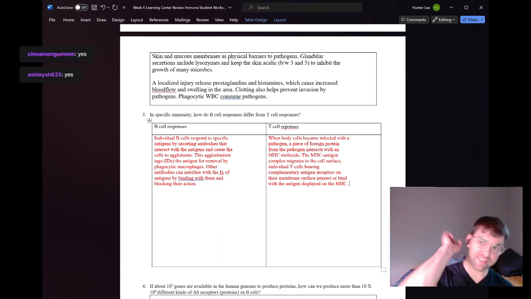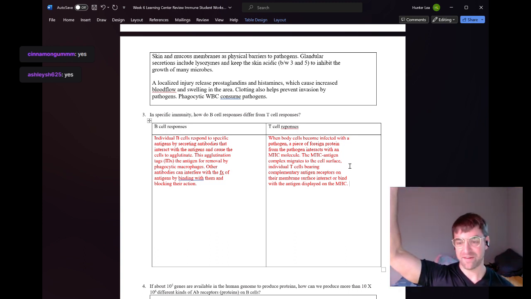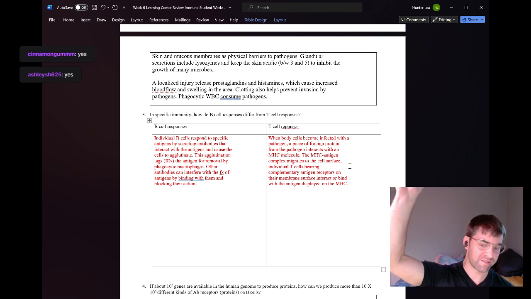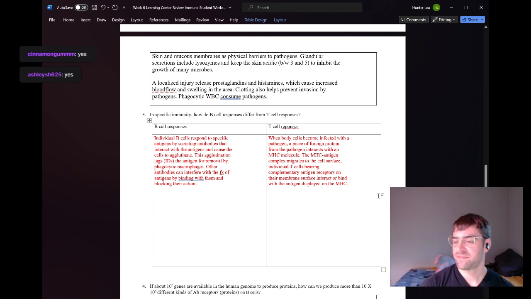So the MHCs are like these little arms holding out these pieces of pathogen, like, hey, look at me, for T cells to come find them.